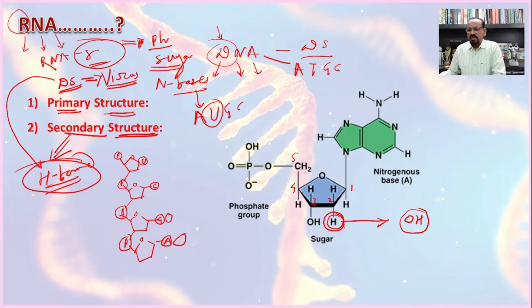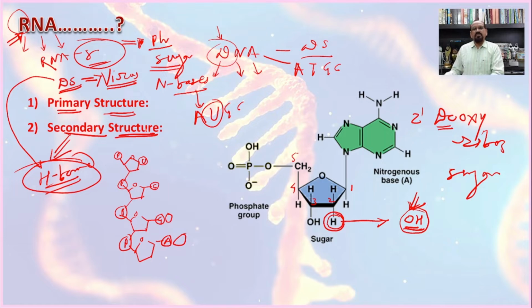Now if this OH is present, then it is a ribose sugar, and if this oxygen is removed, see the name deoxyribose sugar itself, correctly said 2-deoxyribose sugar, to indicate the second carbon atom, then the D means the de-, oxy means the oxygen atom from the ribose sugar.